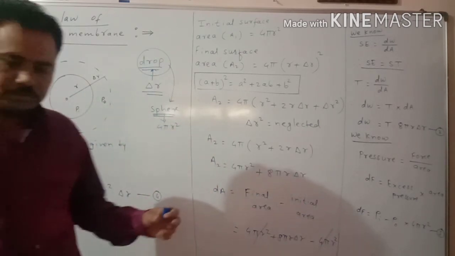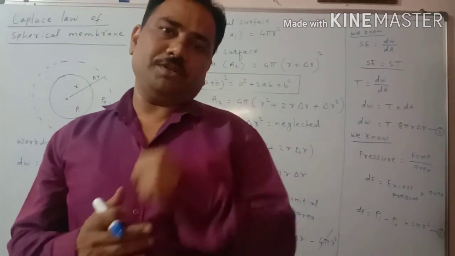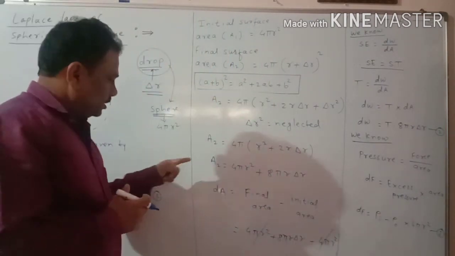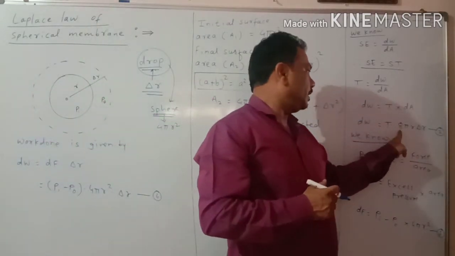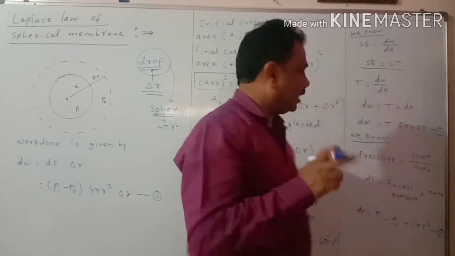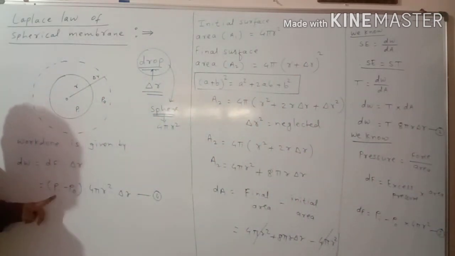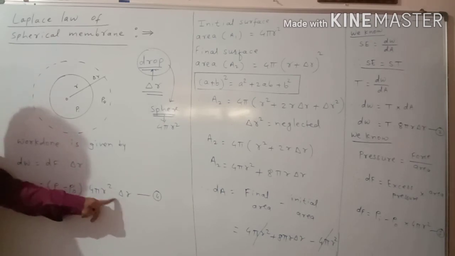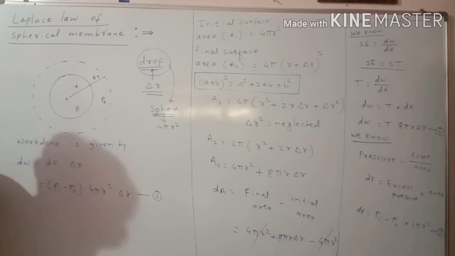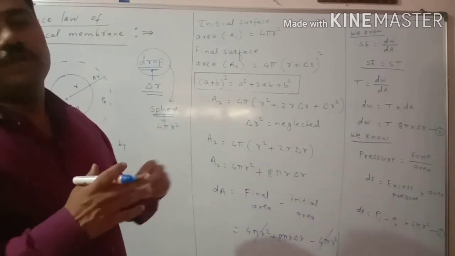Now for work, in this case we have two equations. One is work is equal to surface tension into 8 pi r into delta r. Another equation for work is work done is equal to Pi minus P naught into 4 pi r square into delta r. Now see here, we equate these two equations.